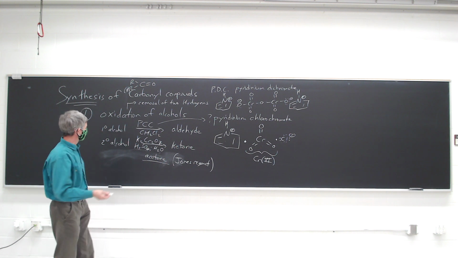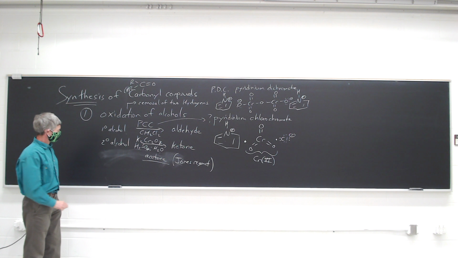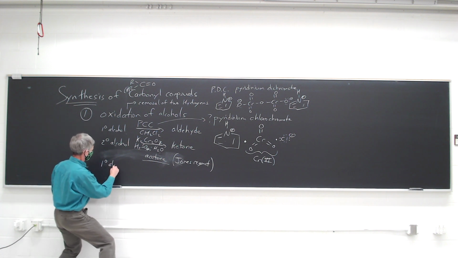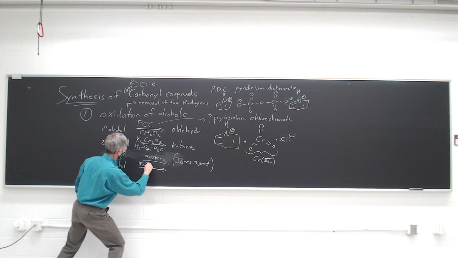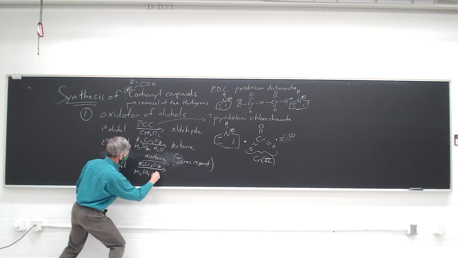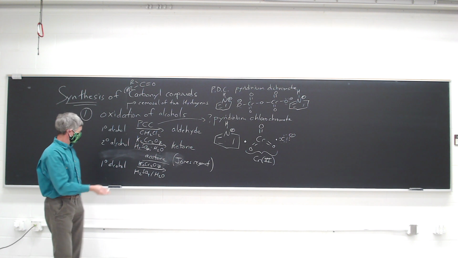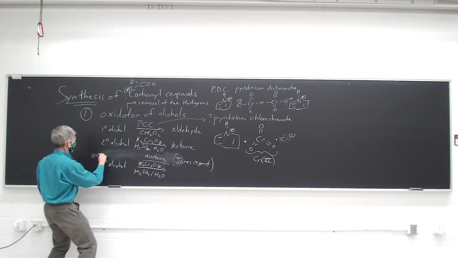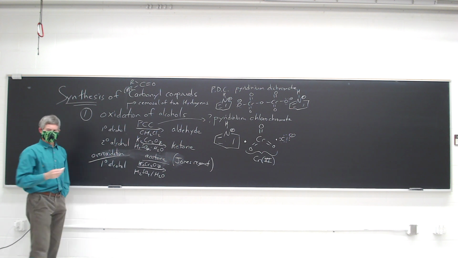Why? What happens if we try to do a primary alcohol with potassium dichromate? It over-oxidizes the primary alcohol. So if we use this aqueous acid system, it over-oxidizes. That's a nice word.